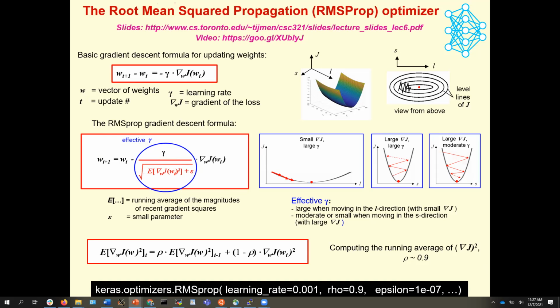I have a question. I'm a bit confused. For the long and short coordinates you showed in the beginning, don't we use batch normalization to avoid such a situation? No, batch normalization is a different story.